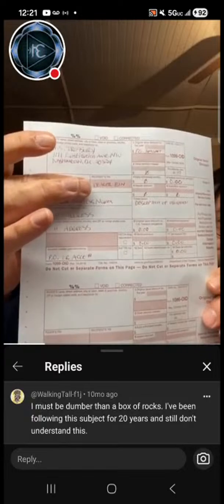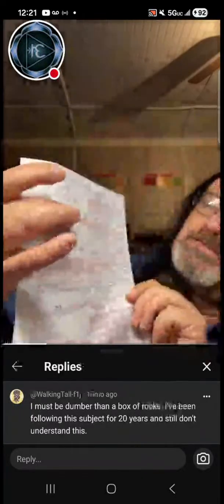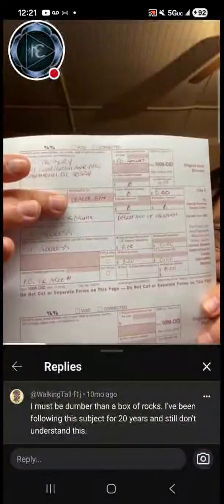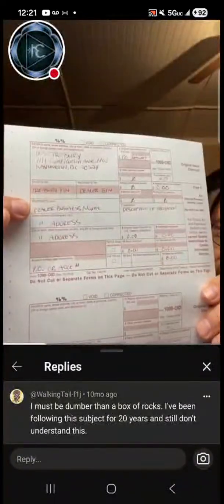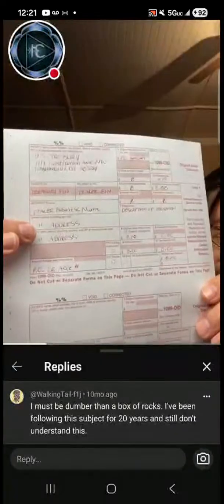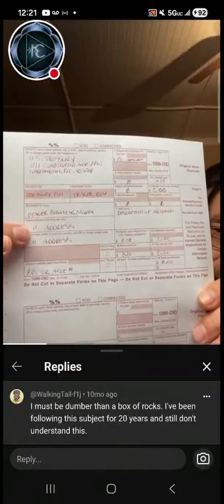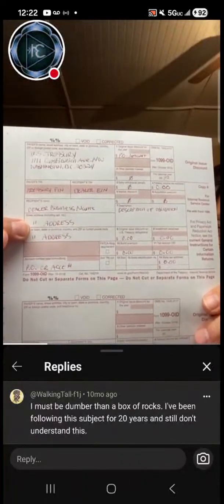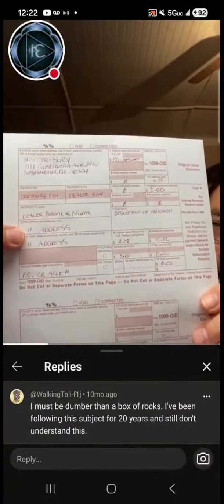And then right next to that, it's going to be the dealer's EIN number, okay? And then you're going to have the dealer's name, the dealer's address. This one here I've written out if you want to explain this to a dealer.